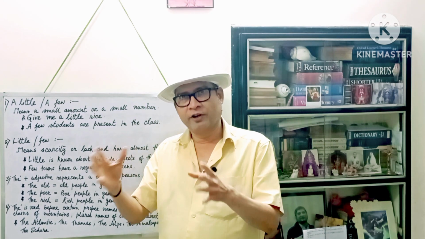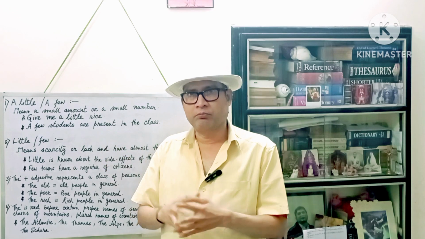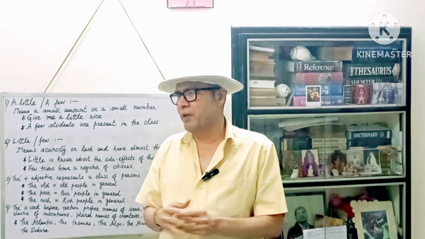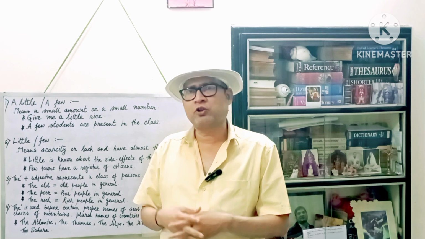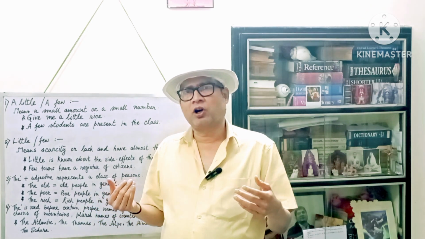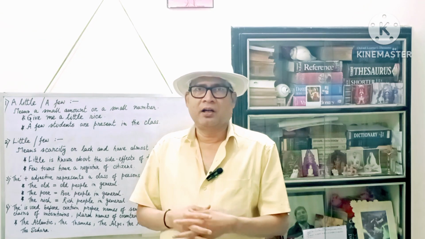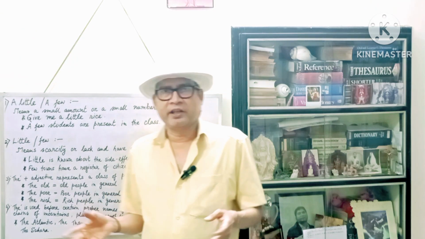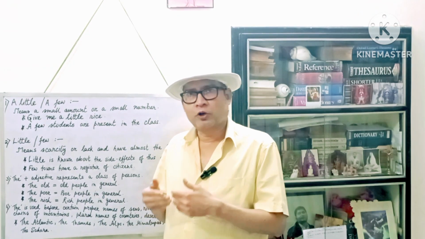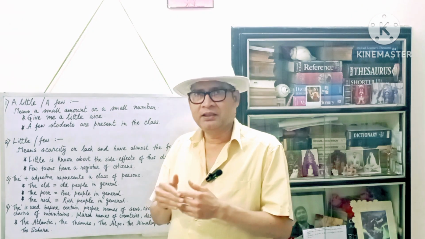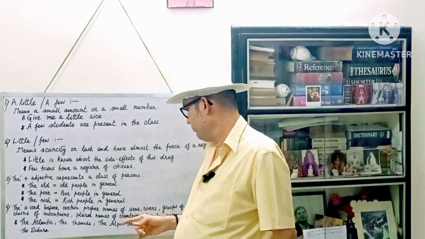So a collection of rivers, therefore the Punjab. So these days I read in newspapers and magazines and other places, and I also hear people using the name Punjab without any definite article. I don't know why they use this, but if you want to follow grammar strictly, it is always better for you to use the before Punjab.